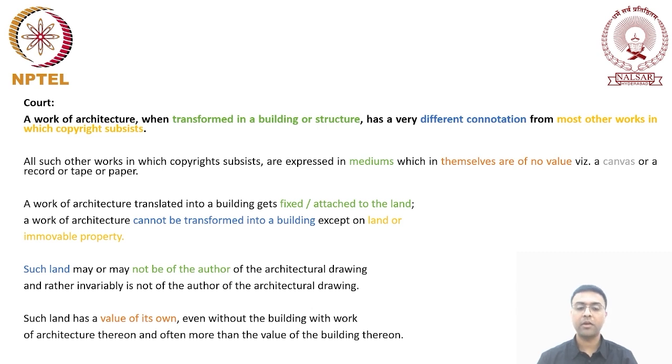Such land may or may not be of the author of the architectural drawing, and rather invariably is not of the author of the architectural drawing. Such land has a value of its own, even without the building, with work of architecture thereon, and often more than the value of the building thereon.